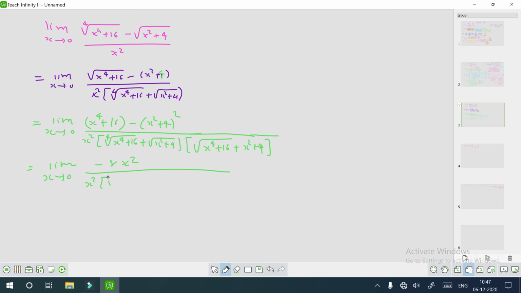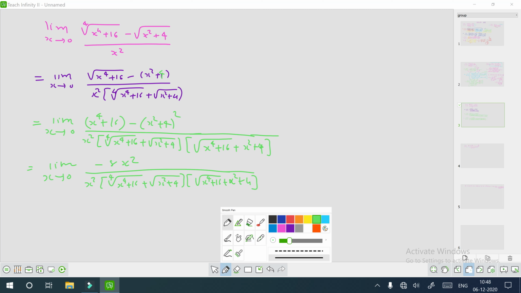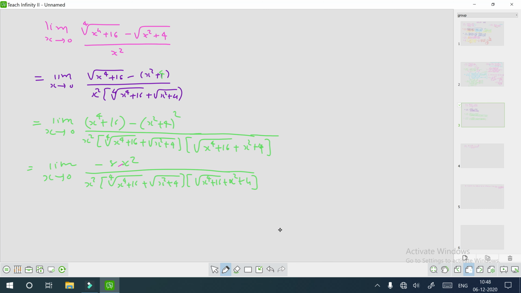X square, fourth root of x raised to 4 plus 16 plus square root of x square plus 4. Second one also as it is, x raised to 4 plus 16 plus x square plus 4. Clear? Now you can see that this x square gets cancelled.